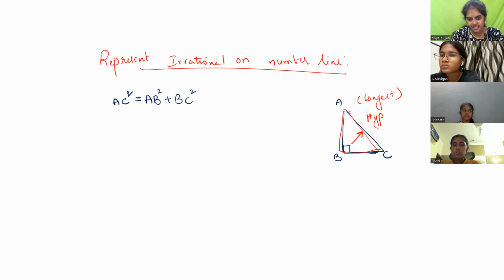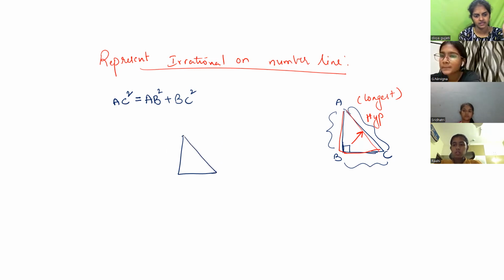If I take the square of this hypotenuse, it should be equal to the sum of the squares of the other two sides. Let me give you an example. This is valid for every right angle triangle; you can check it for any right angle triangle.